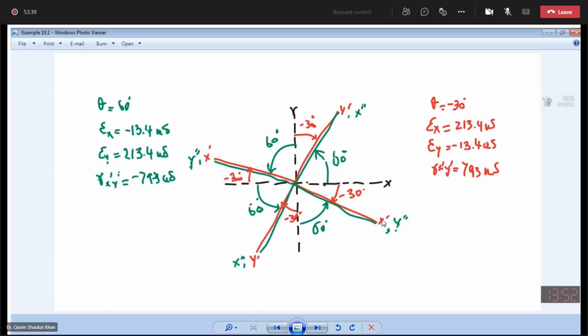Now, in this case, you have calculated epsilon x double dash as minus 13.4 and epsilon y double dash as 213.4.